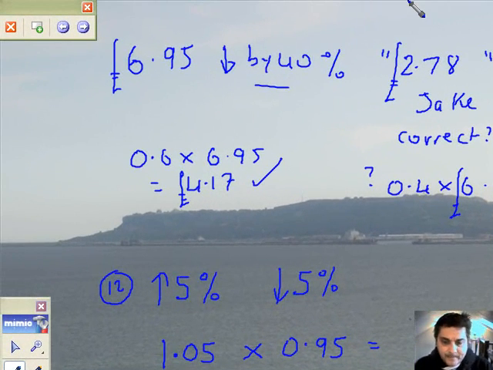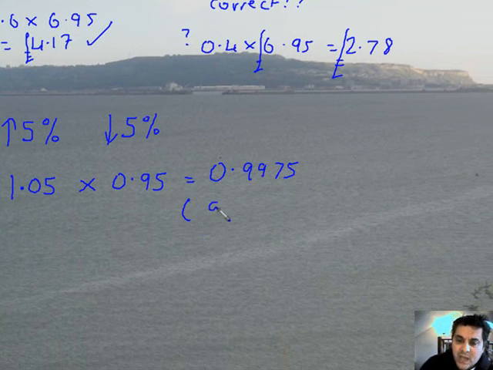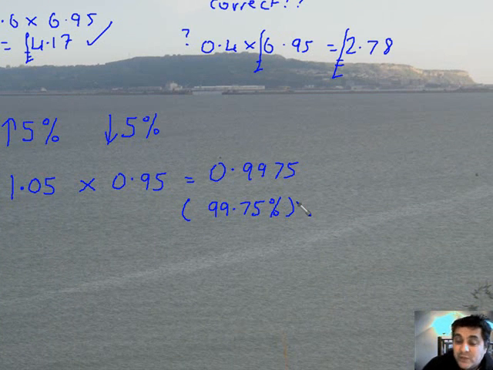So let's just try that. 1.05 multiplied by 0.95 is, look at this, I get 0.9975. In other words, thinking out loud, I actually have 99.75% of the original price. So therefore, it doesn't go back to the old price. It's gone slightly below by 0.25%.